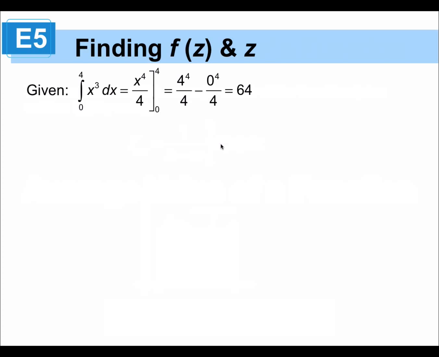Now I want to find the average value of the function. In other words, if I take that x cubed function and I melt it down from 0 to 4, at what level will our glass of water be? So I need a 1 over b minus a. That's pretty easy.